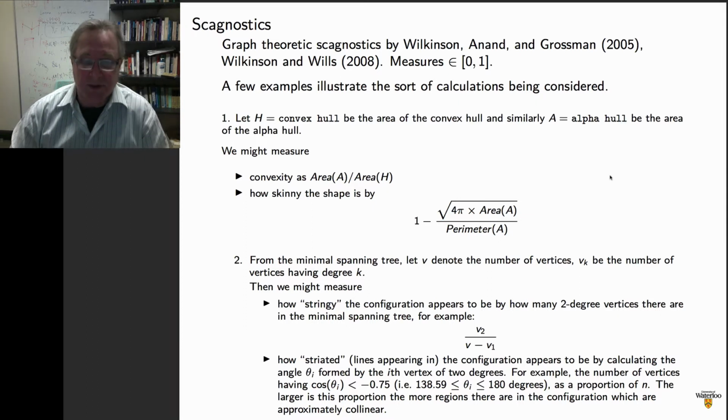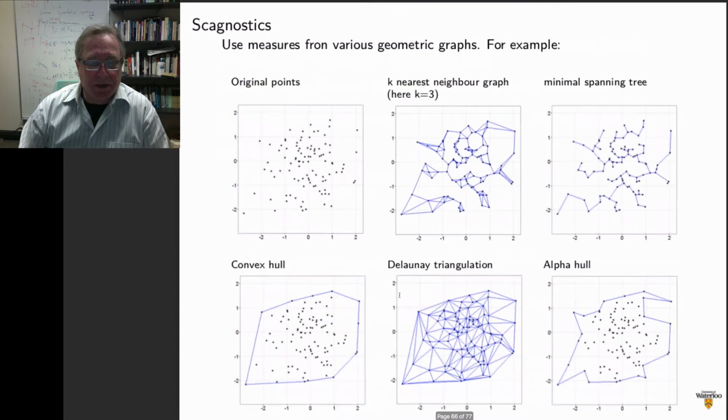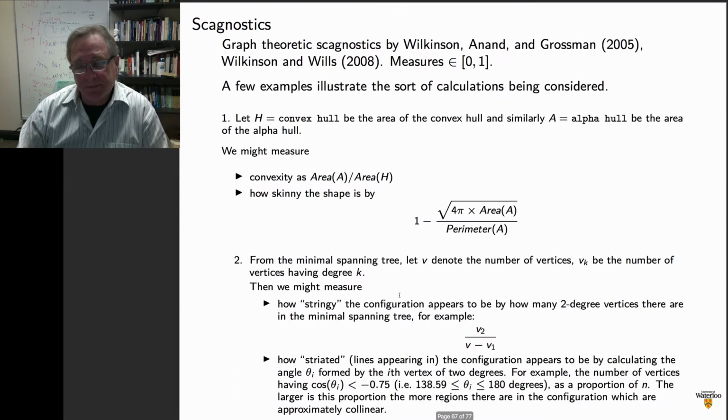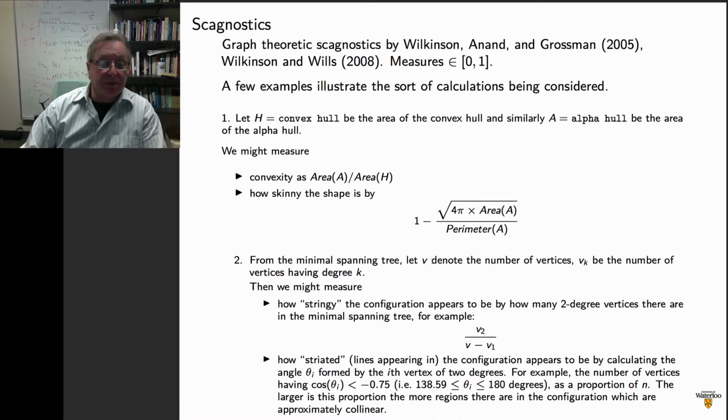It's going to get us down to 0. And otherwise, if the area is much smaller than the perimeter, then it's going to be a skinny shape. So trying to get that idea across.